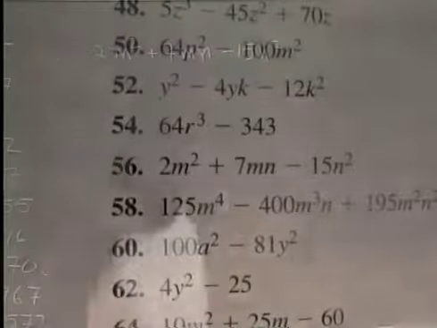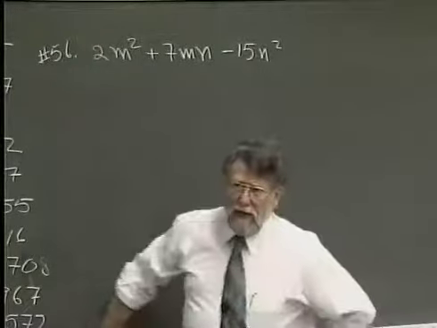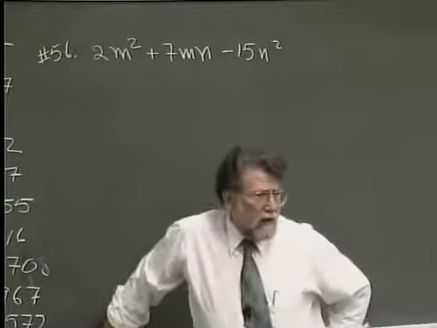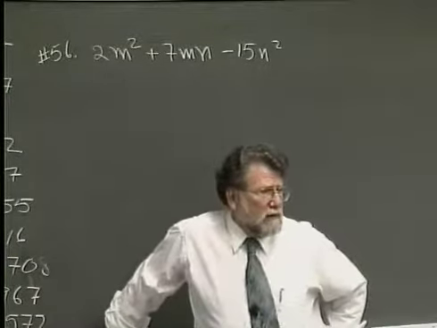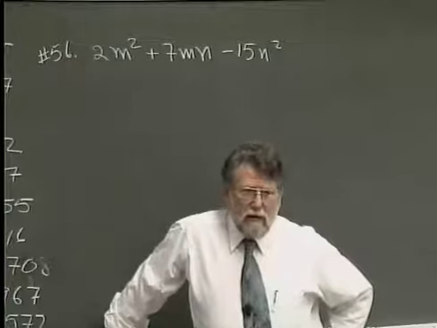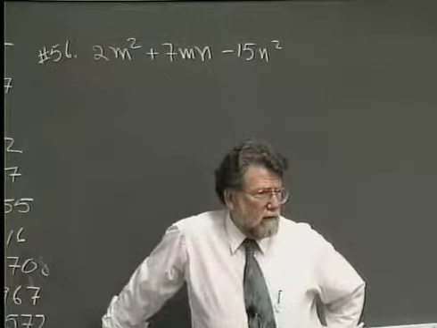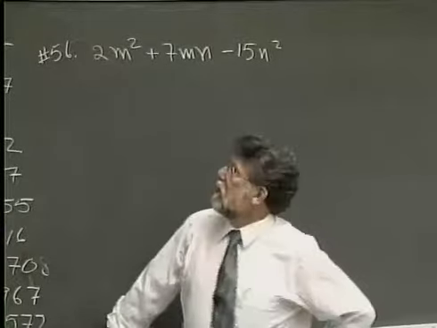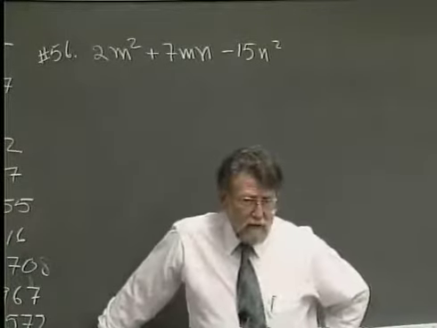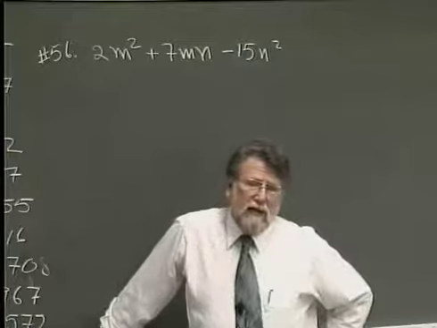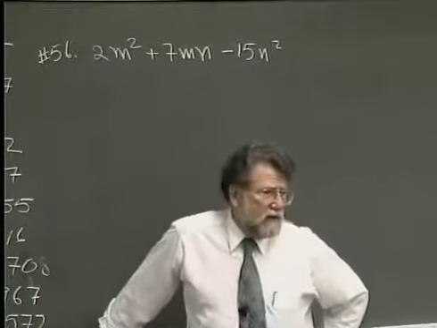The question I was just asked: when I looked at that, how did I know this had to be FOIL? I basically ran through the same checklist that I asked you to look for. Is it a trinomial perfect square? The answer is no, because the first term is not a perfect square. Is it a sum of cubes or a difference of cubes?